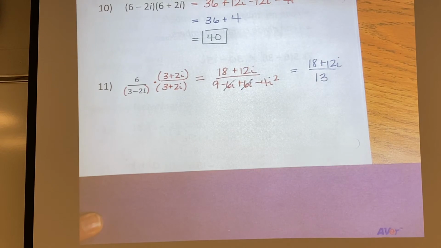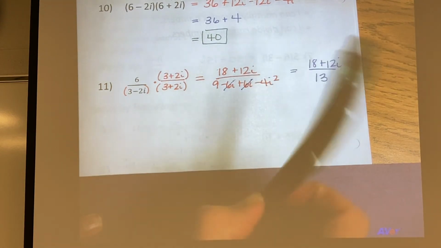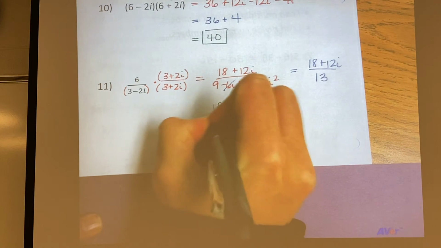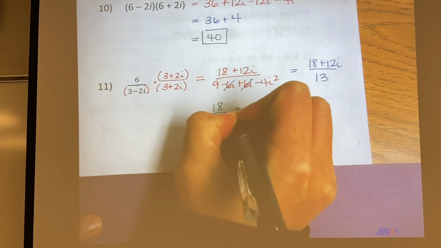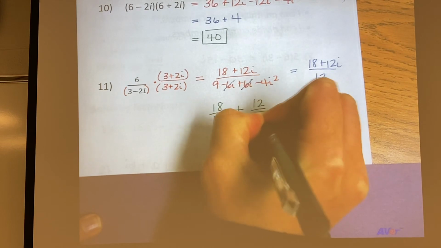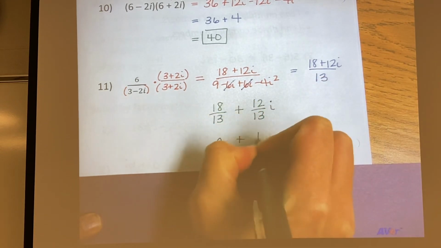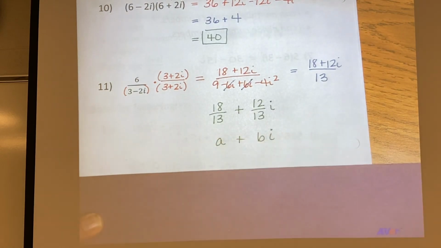Now, we want everything in that a plus bi form, like we talked about earlier, so that means we need to separate these out. We can't leave it like this. So we need to write this as 18 over 13, that's our a value or real number value, and then 12 over 13i. So this is our a plus bi form.